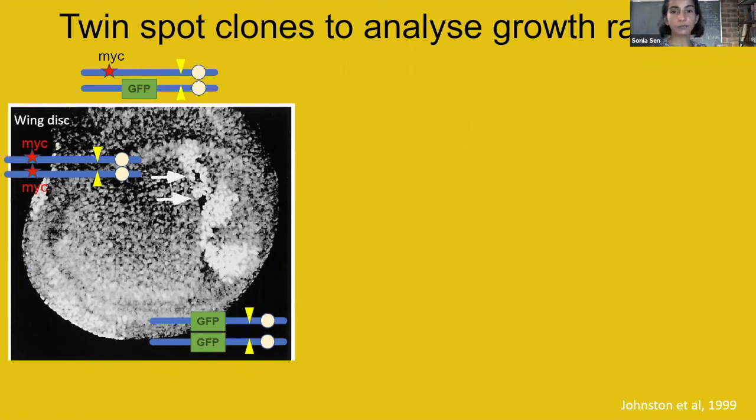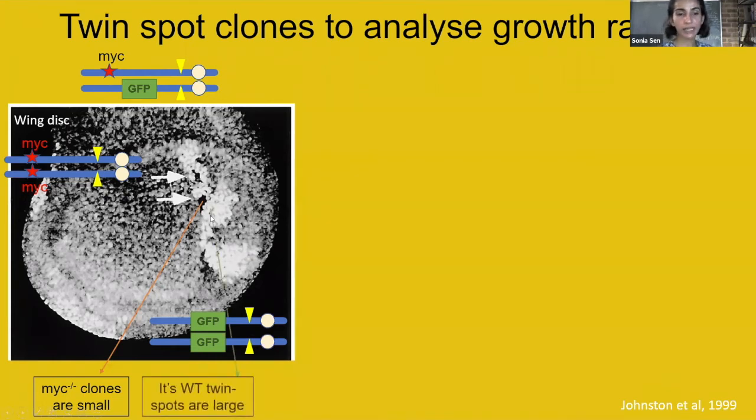And what she noticed in her experiments was that the cells that were MYC null, so that's the clone, were very small compared to the twin spot, which is much larger. The wild type, which is 2 copies of GFP and both healthy copies of MYC, are much larger. You'll see it over here as well. The MYC null is much smaller than the twin spot, which is much larger.